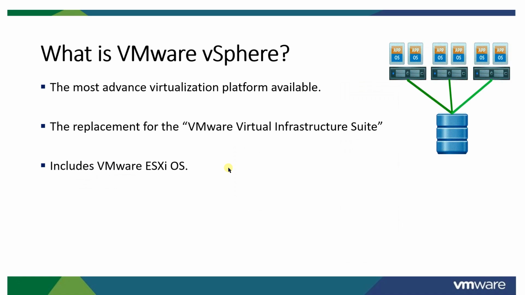Now, if you remember, we have left one point, the most advanced virtualization platform. VMware vSphere is the most advanced virtualization platform available. And I said that in the coming time, we will discuss this point in detail. So it is the right time now to discuss. Whenever you want to use the advanced features of VMware, you require a common storage, that is shared storage.